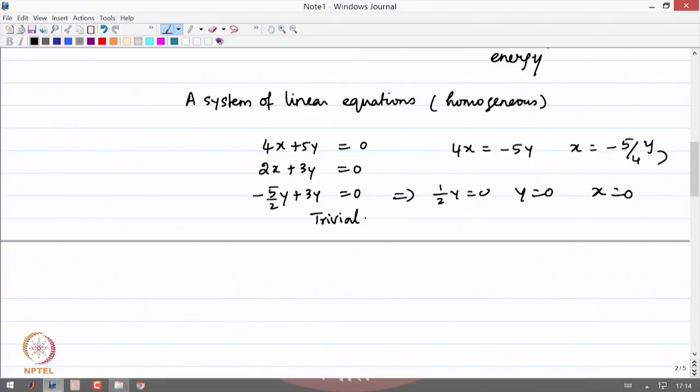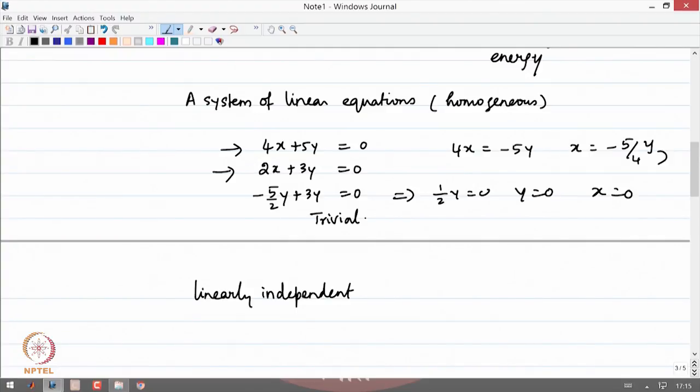The reason this system of equations does not have a non-trivial solution is that the two equations are linearly independent. If you have two equations in two variables and both are linearly independent, the only solution is that the variables are 0. Therefore, it is important for these equations to be linearly dependent.